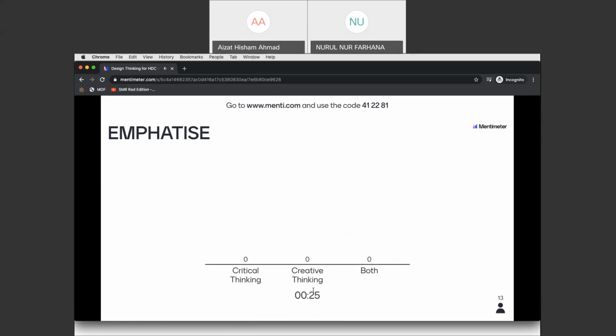Let's see, empathize: is it critical thinking, creative thinking, or both? 10 seconds to go. So empathize, what is the type of thinking that is involved?